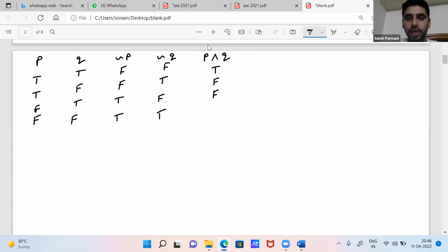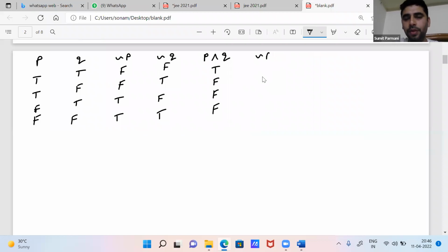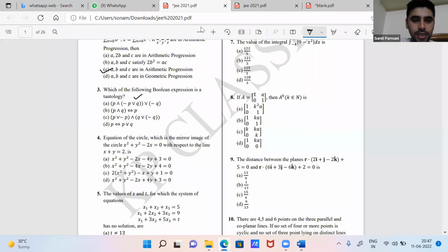Next, we have negation of P or Q. For the or operator, if any one of the two is true, then it will be true. So true, false, true, false, false, false, true, true, true, and true, false, true. Done.